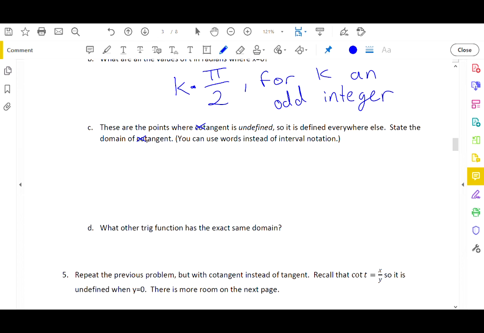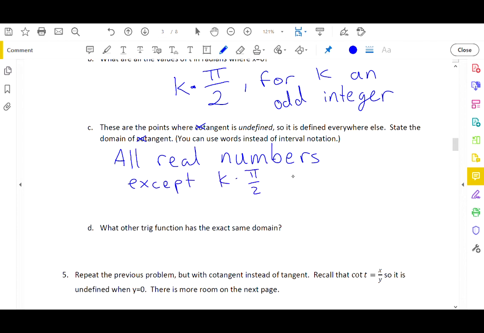State the domain of tangent. And it says you can use words instead of interval notation. So we just said the domain is everything except those values we found in part B. So all real numbers except k times pi over 2 for k an odd integer.